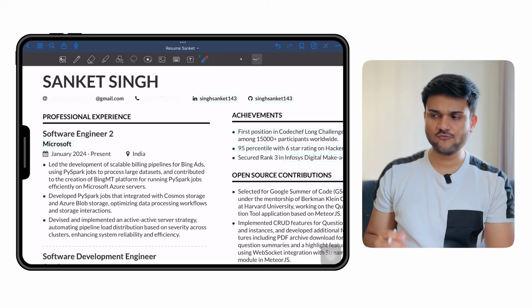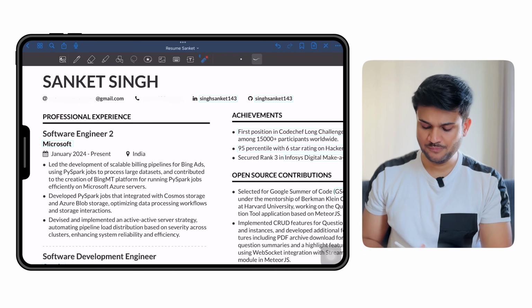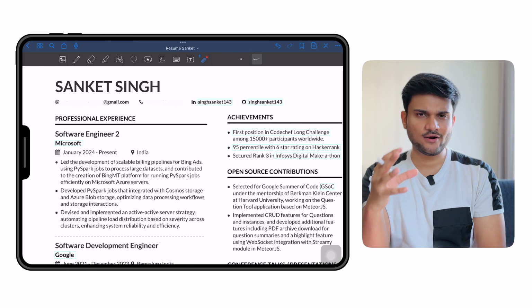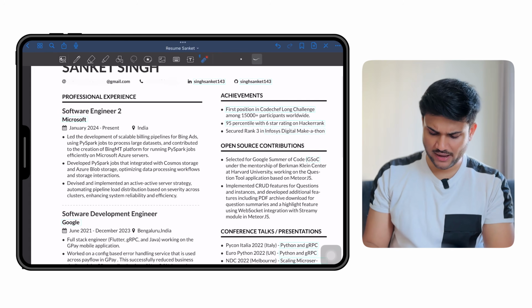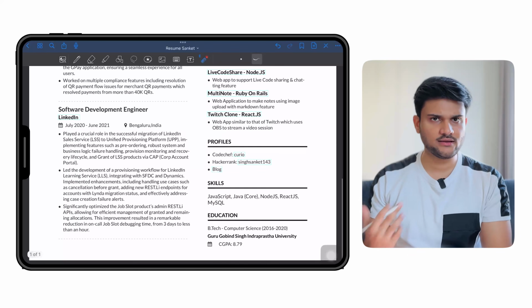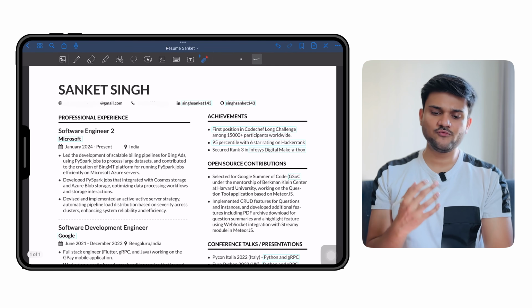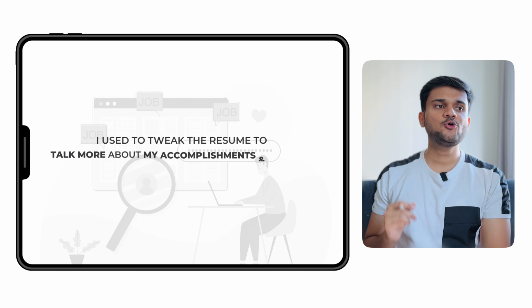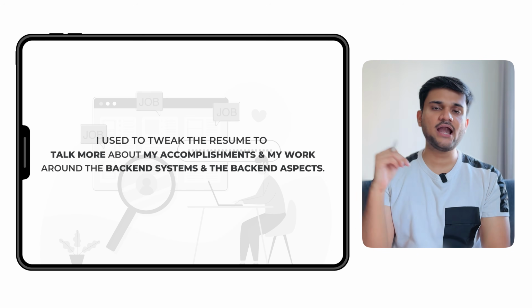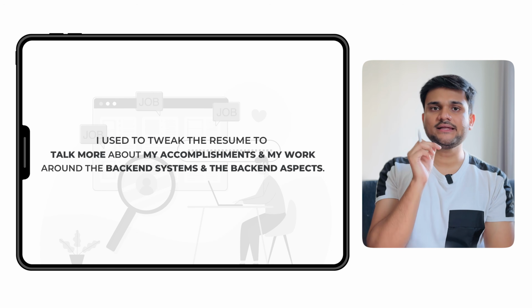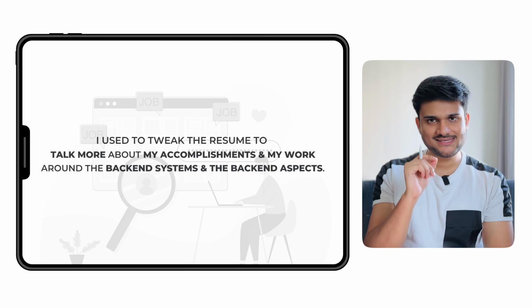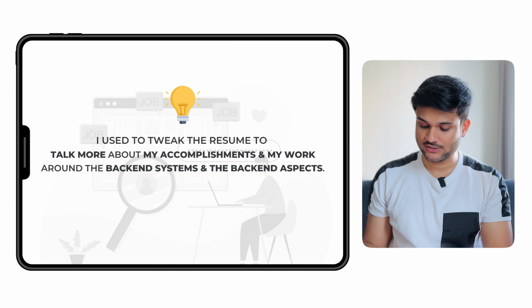Now what I believe is that whatever type of position you are applying to, try to tilt your resume around that. If you see my resume, it's more like a full stack engineer resume. But if there was a scenario where I had to apply for a backend position, I used to tweak the resume to talk more about my accomplishments and my work around the backend systems and the backend aspects. This is a quick tip that you can also follow.